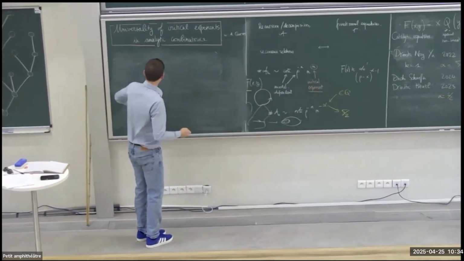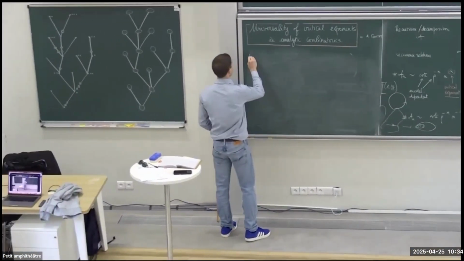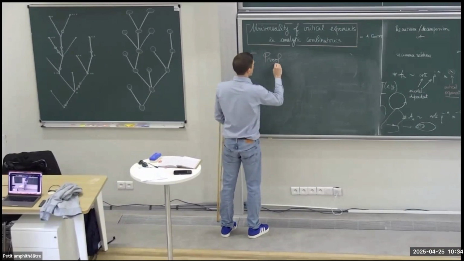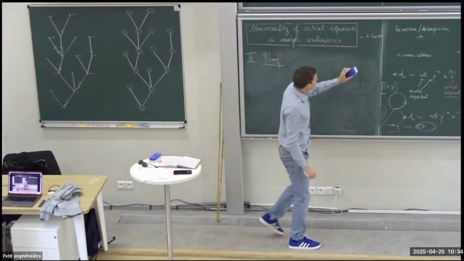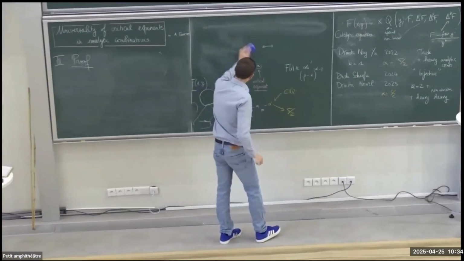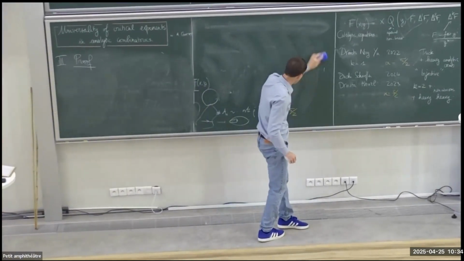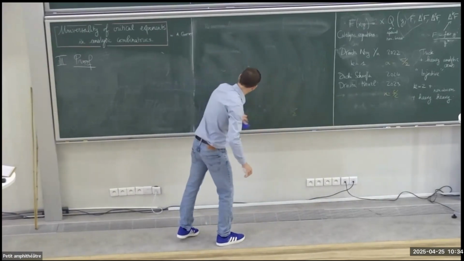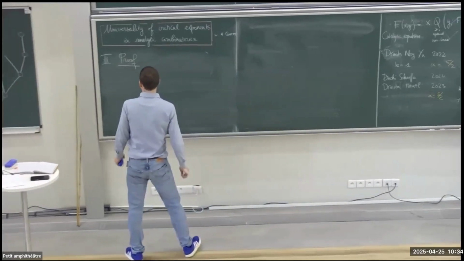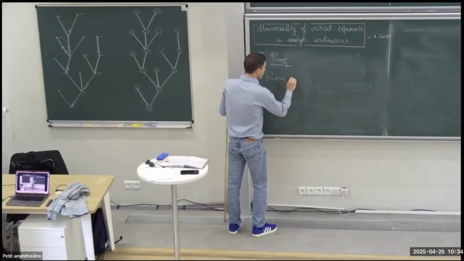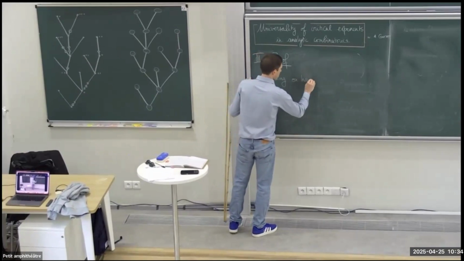Okay. So three elements of proof. So first, I will tell you what is the generic model that those equations enumerate. For this, I need to describe a little bit of parking on trees.